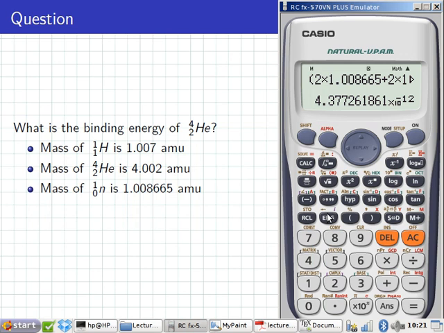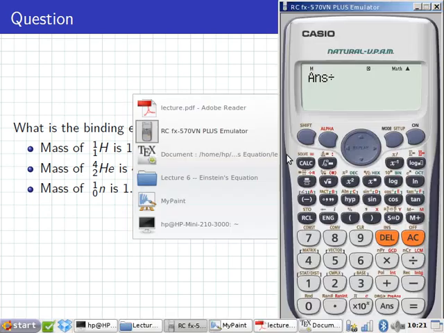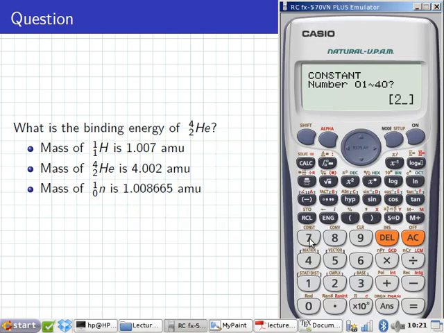That's the binding energy for the alpha. Now I really want to use electron volts because this is so small. 27.3 mega electron volts is the binding energy.